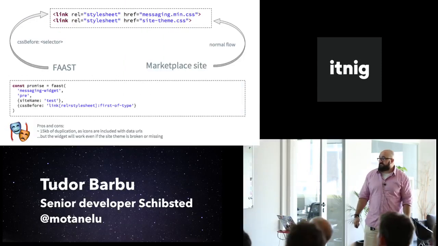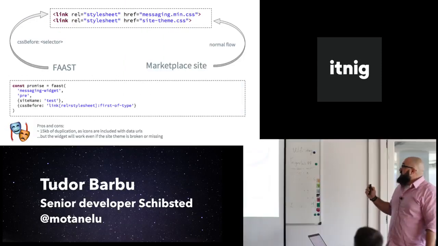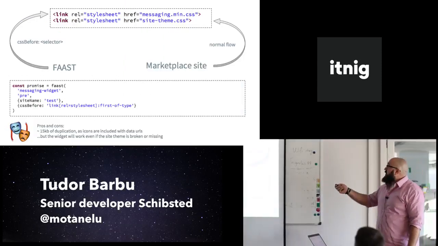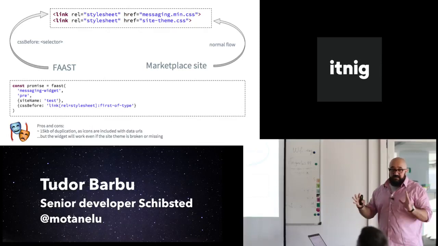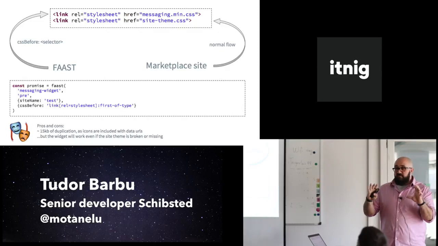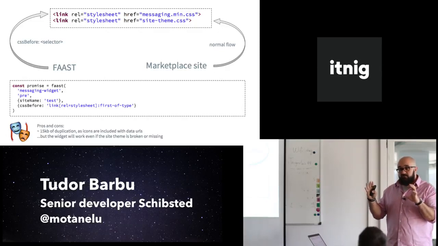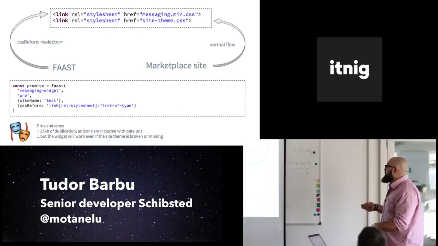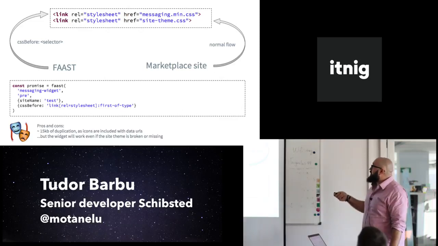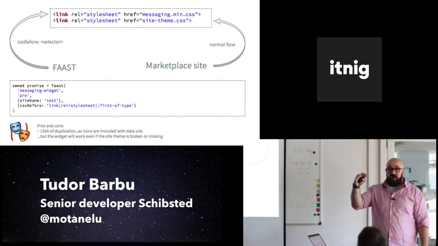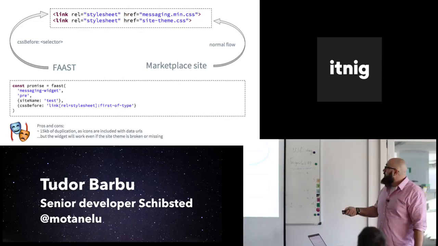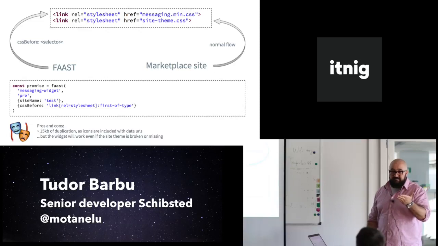And why is that useful? So for example, we have our CSS. If you remember, we serve the layout and the default theme in one minified file. And we need them to be able to override this file. So what we do, they create their own theme file where they override the colors and everything. This is loaded by the normal flow, so it's placed in the HTML.